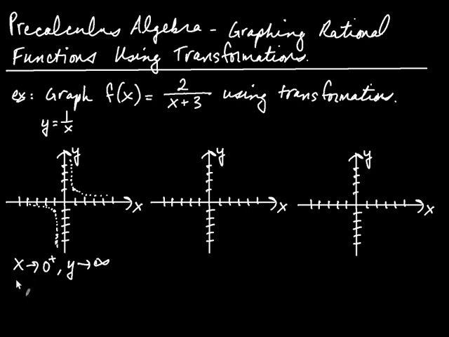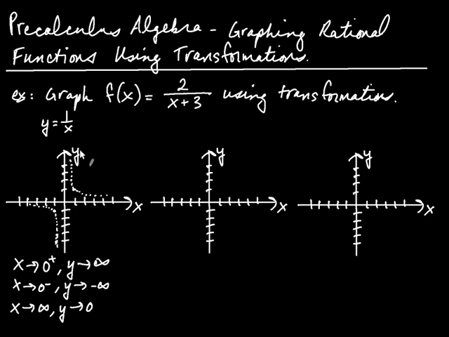And likewise, as x goes to 0 from the left, the y coordinate goes to negative infinity. And that's why we say this function has what's called the vertical asymptote, x is equal to 0. Now also note that as x goes to infinity, y goes to 0. As x gets large, the y coordinate gets small, it goes to 0. And the same thing is true as x goes to negative infinity, y goes to 0 as well.